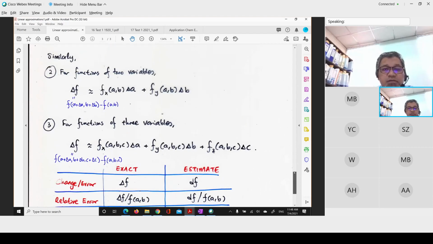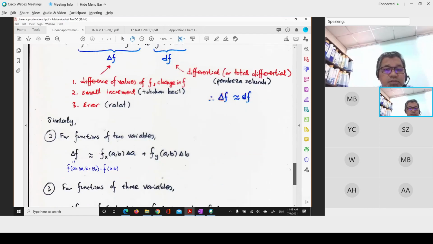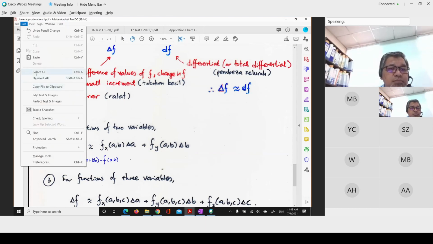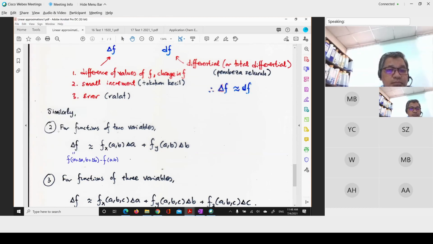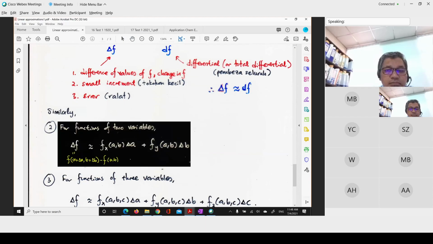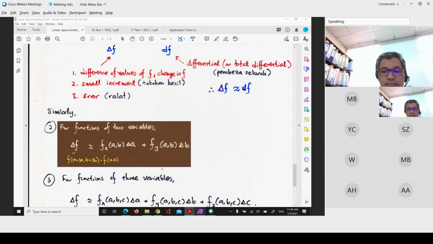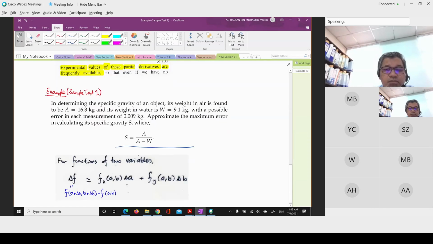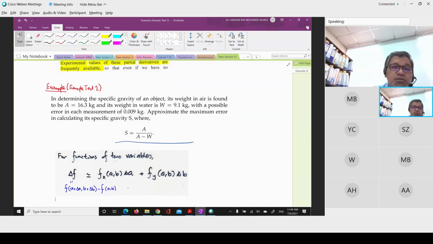For a function of two variables, we need to use this formula here. So recall this formula.